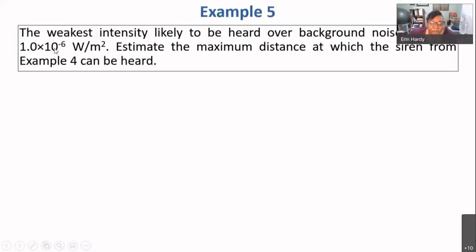That's about 1.0 times 10 to the negative 6 watts per square meter. What we can do is use what we know about the siren from question 4 to figure out how far away you would have to get from that siren before you would not be able to hear it anymore. And again, that's not because the siren is not producing any sound. You just won't be able to pick it out above ordinary ambient noise.